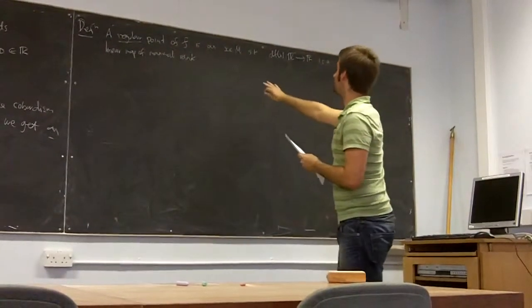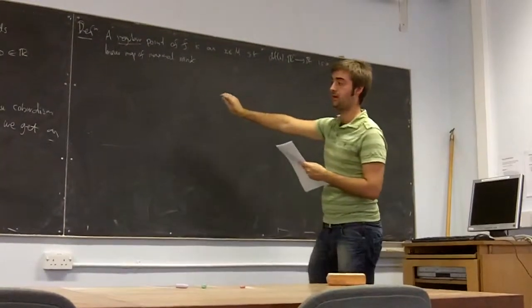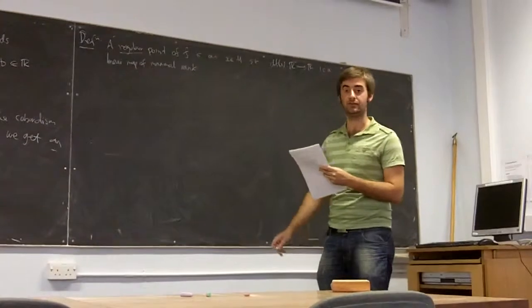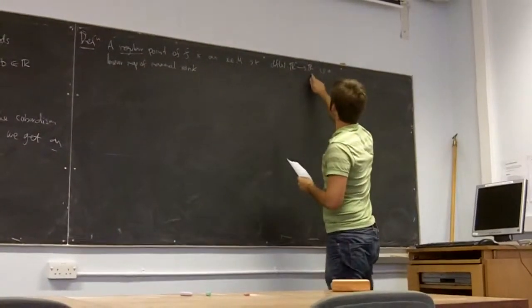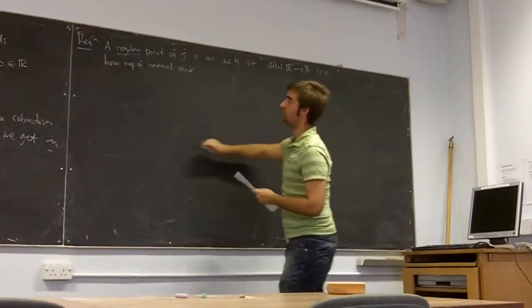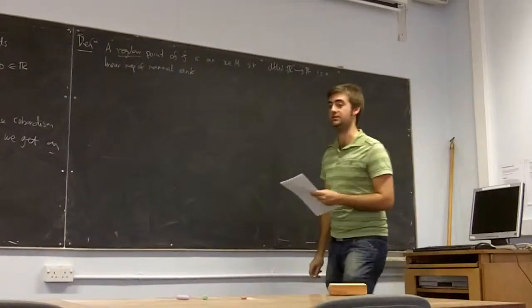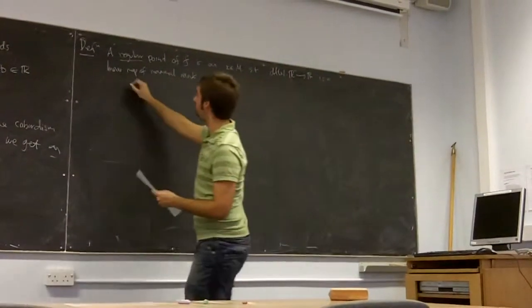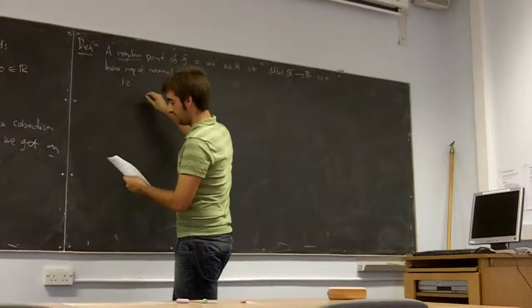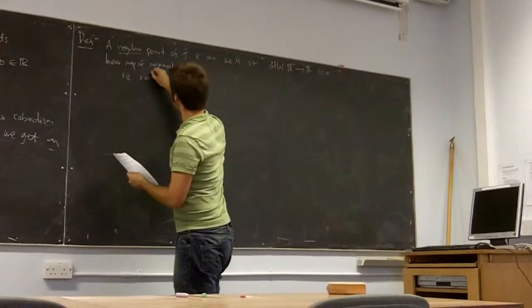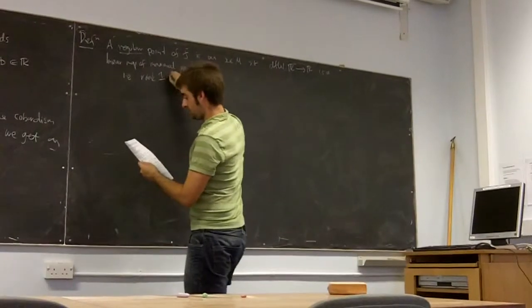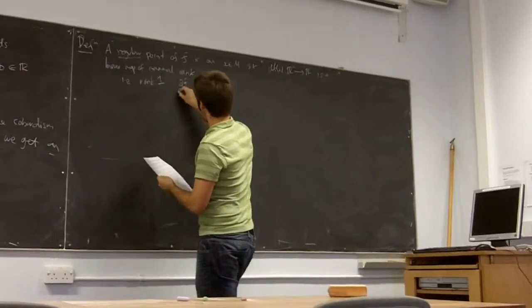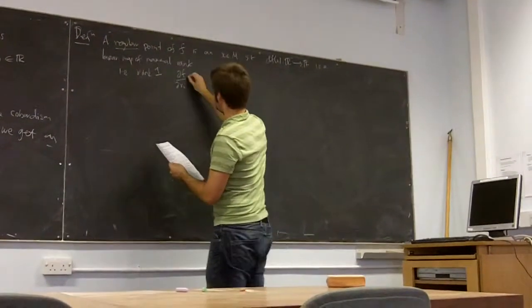So this holds more generally for maps between smooth manifolds, but as we're just considering a map to the real line, we're only considering maps to R. So with respect to local coordinates, not all the derivatives vanish.